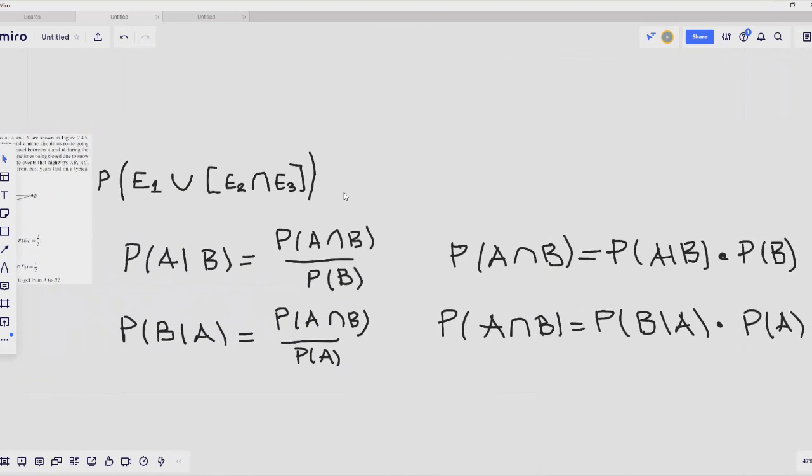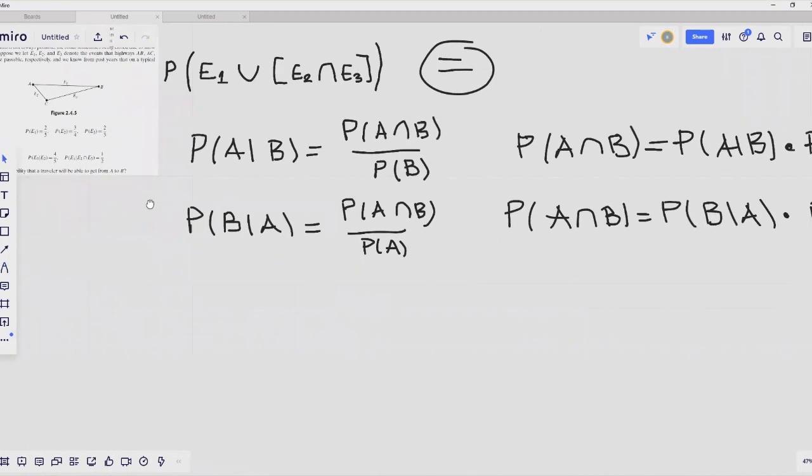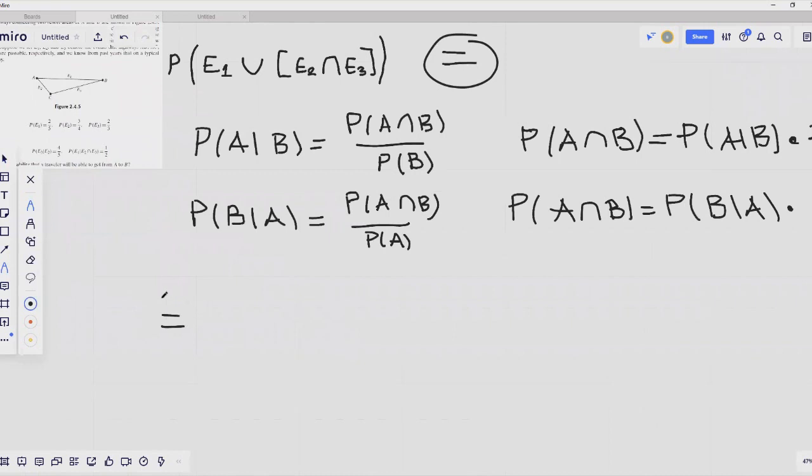Okay, now back onto our problem. We might express the probability of their union in the following way.